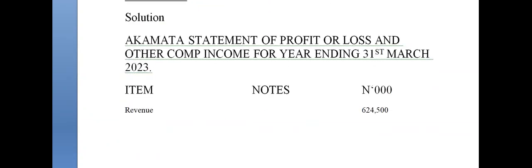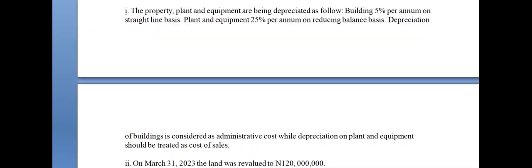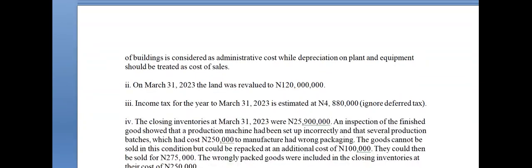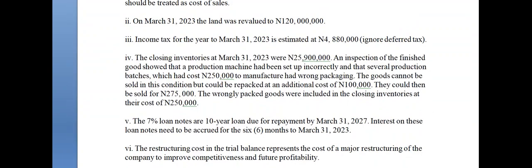So now, let's go back. They now said that it was wrongly included. We were now told that the goods cannot be sold in that condition, and so they could be repacked at an additional cost of 100,000 naira, and then they could be sold for 275,000 naira. Is that not what they said?